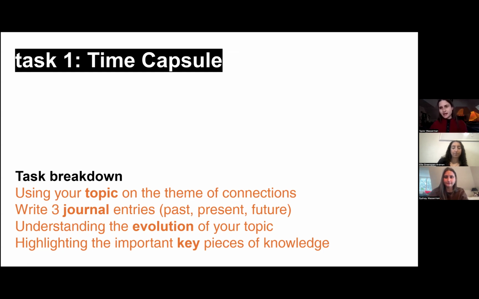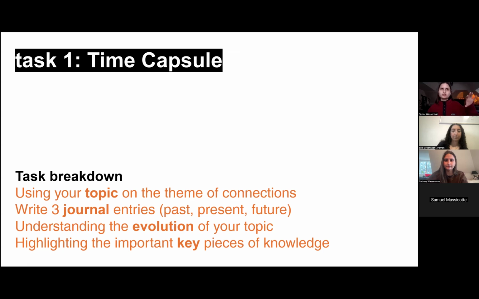I think through examples this will become a lot more clear, but a lot of what I would highlight here is to make sure to include key pieces of knowledge from each era. As anybody researching different science topics knows, there are a lot of discoveries that have iconically defined the topics throughout time.